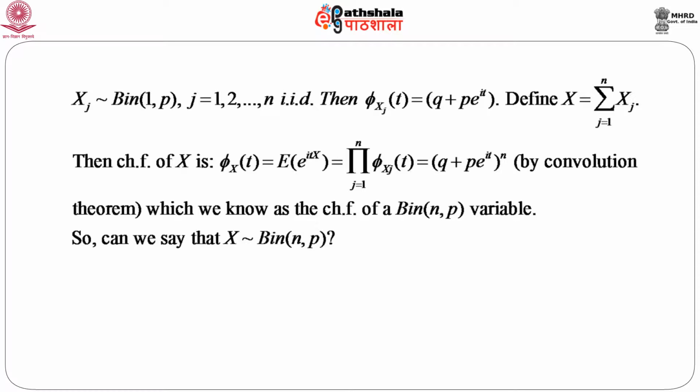Then it can be easily shown that the characteristic function corresponding to this random variable X j, phi X j of t, equals q plus p e to the power i t. Let us define a random variable X, which is nothing but the sum of all these X j's, that is X 1 plus X 2 plus ... plus X n.